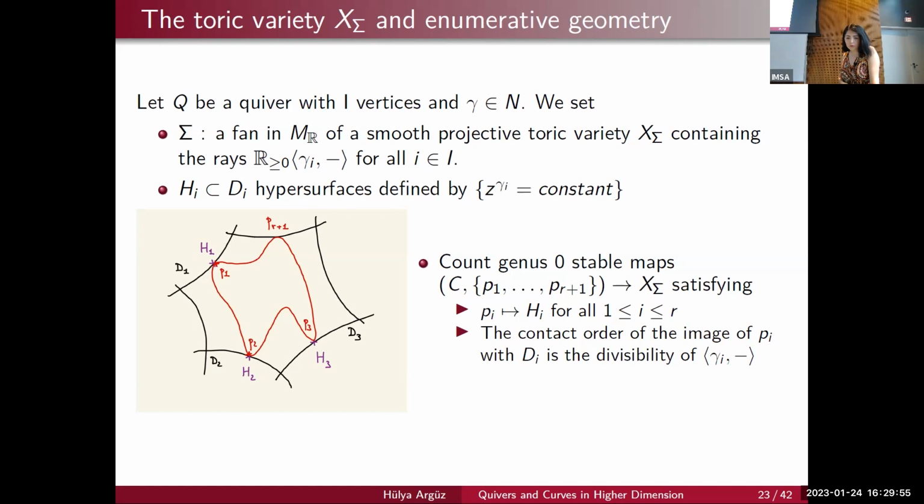In our enumerative problem, we impose each marked point p_i to map onto the hypersurface in the toric boundary. In the case of a surface, as I illustrated in the figure, your hypersurfaces inside the boundary will just be points. We impose this condition for all but the last marked point, and we fix the contact orders of the images of these p_i as the divisibility of your vector gamma_i.